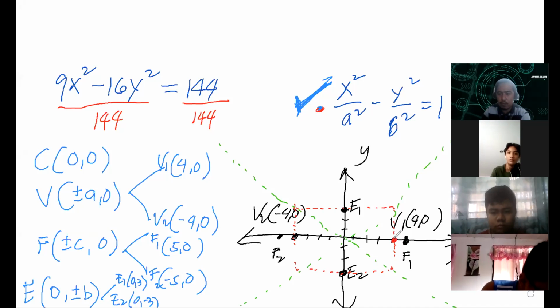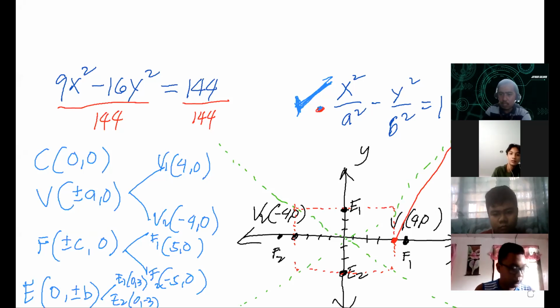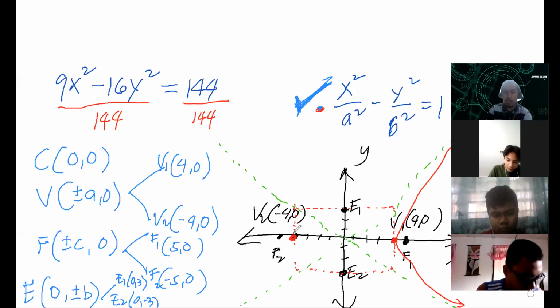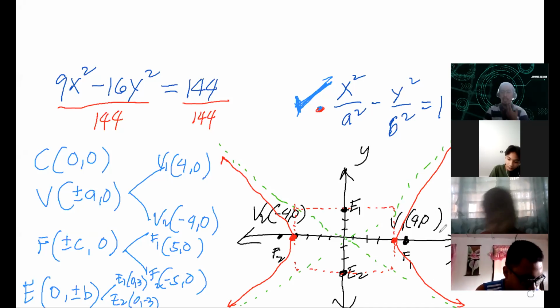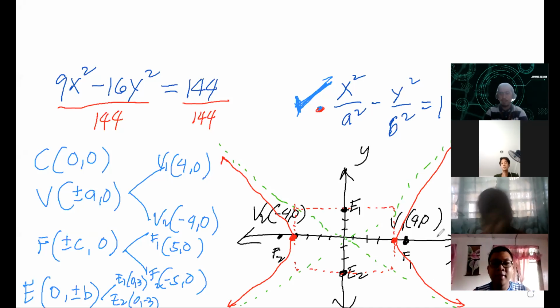It passes to this vertex. It will get closer and closer to this line. So it will look like this. And this portion. Also in the other side, it will pass to this point, going there. And in the other side. Okay? Is it clear, class? Yes, sir.